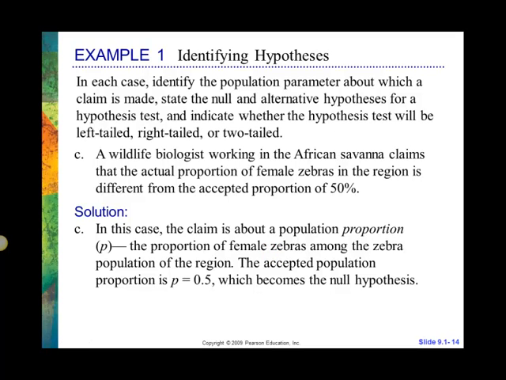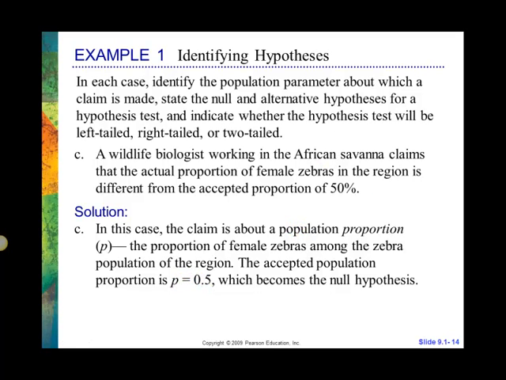So in this last one, we have a biologist who's looking at the proportion of female zebras in the region. And he wants to know if it's different from the expected proportion of 50%, because they assume there should be half and half. So here we're talking about proportions, so we know we're going to have p. Okay, and we're dealing with p is equal to 0.5, which is 50%.